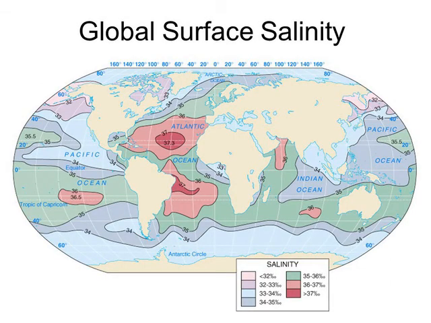On this slide, we see a global map of surface water salinity. The reddish colors are higher salinity, whereas the bluer and pinker colors represent lower salinities. You can see that the Atlantic is more salty than the Pacific.